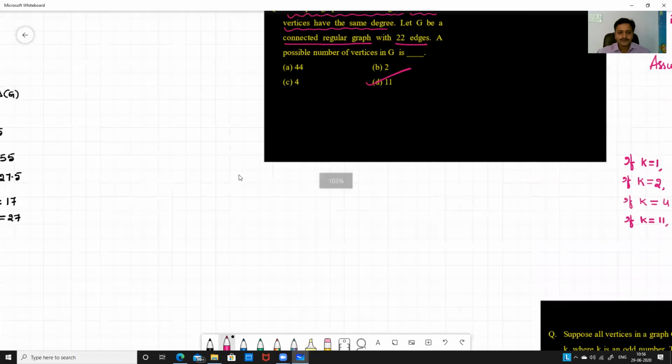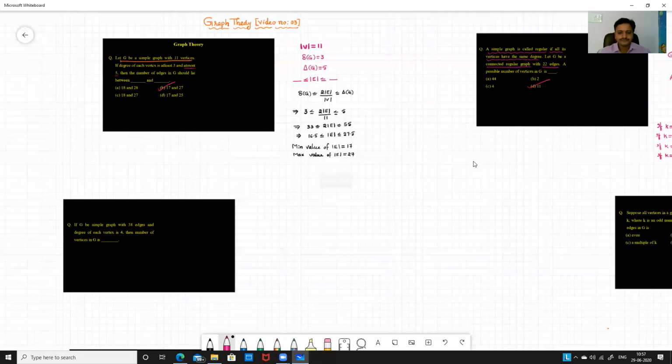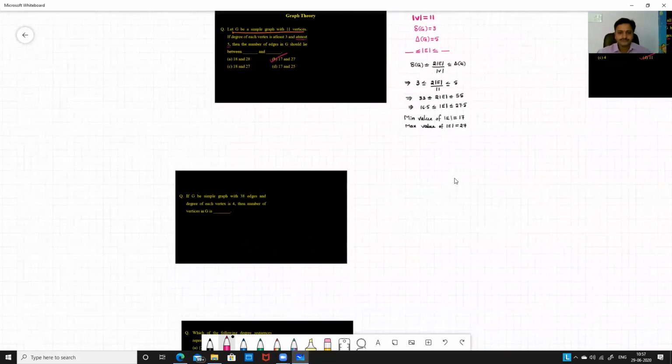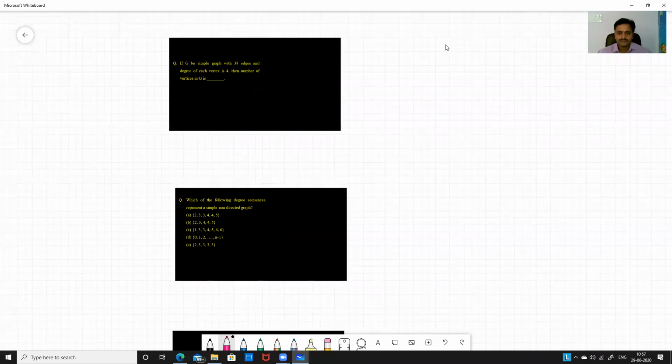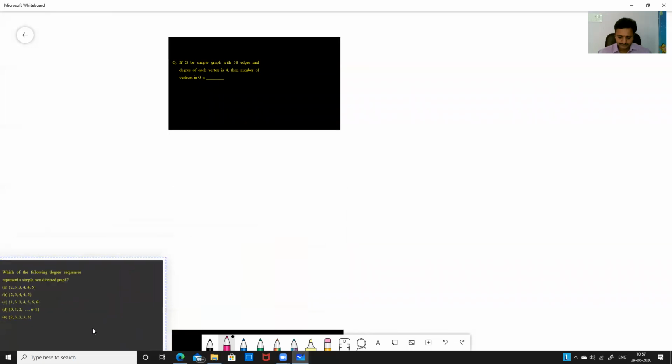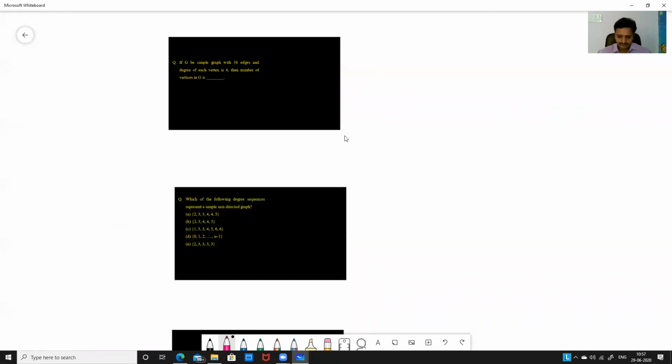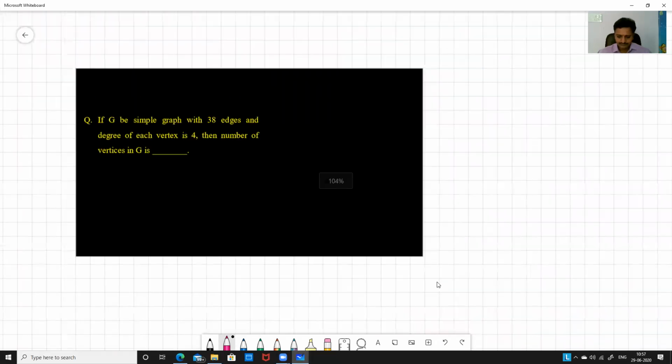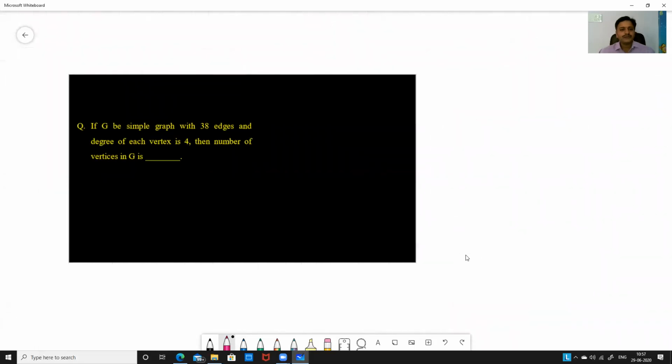Now let me see the third problem. Look at the third problem. Let G be a simple graph of 38 edges.